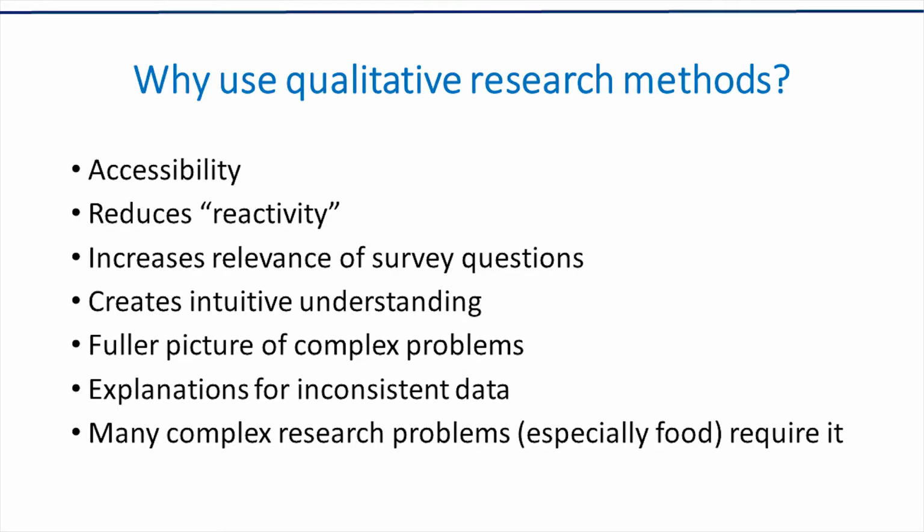This is incredibly useful where you have quite complex problems, especially in the area, for example, of food that we research, where everything from governance, business, economics, biology, and culture all combine. So it also can reduce reactivity.